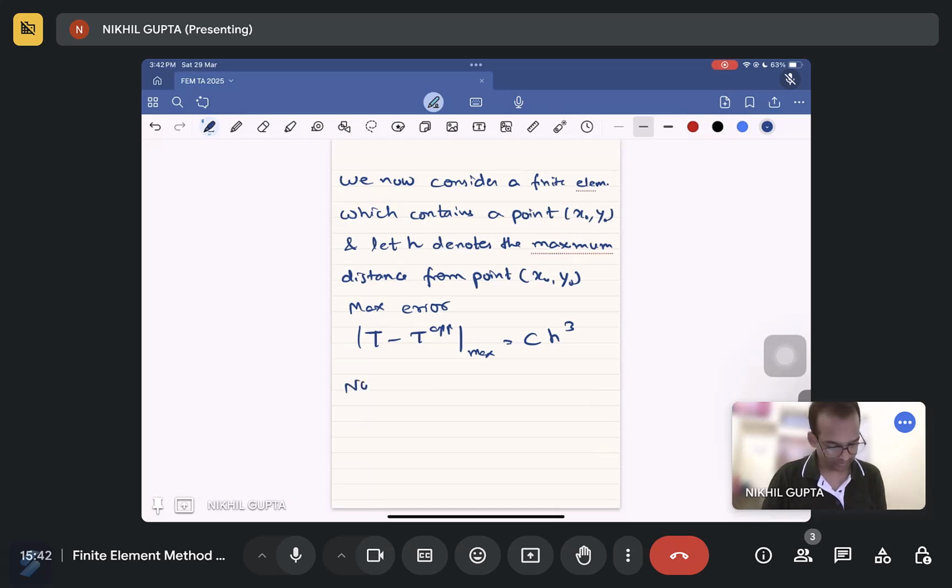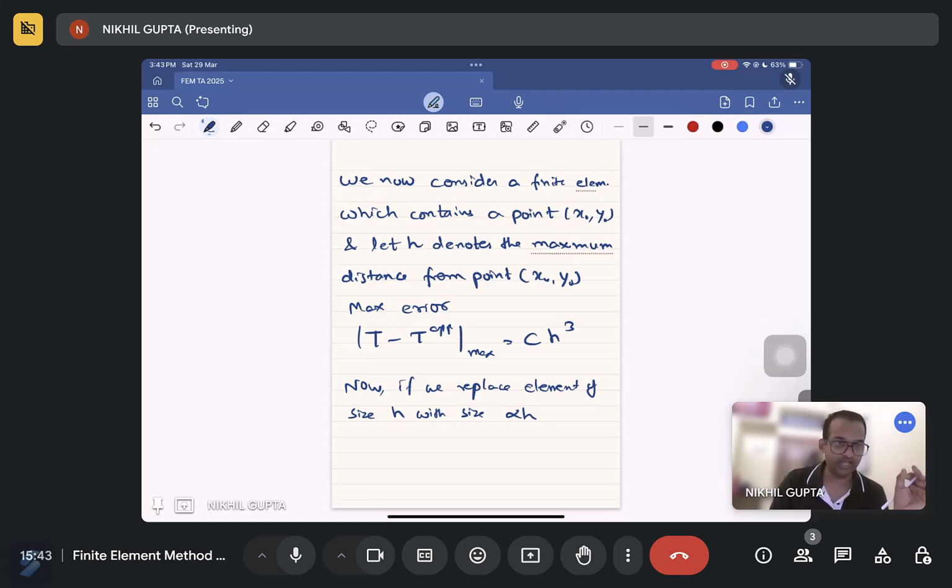Now if we replace the element of size h with size alpha h, what we are studying is how we are changing the length of the element and what it affects in the error. We have studied that if we reduce the size of the element we can improve the solution, but how much can we improve can be studied by this.